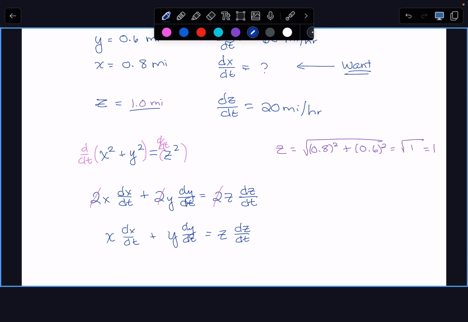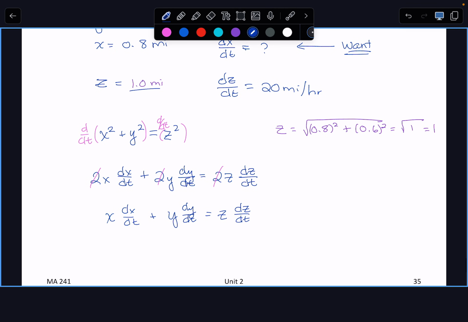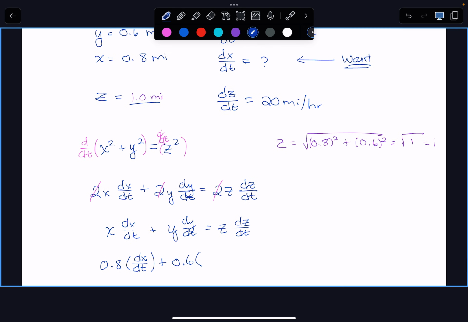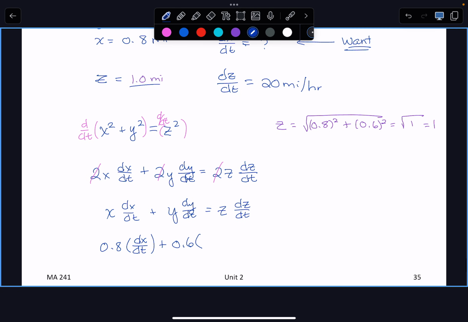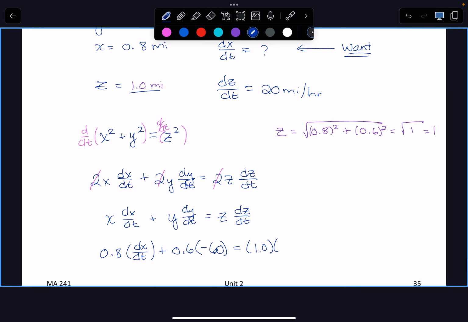I know that x was equal to 0.8. dx/dt is what I'm looking for, so I'm just going to leave it as dx/dt, plus my y was 0.6. dy/dt, if you look, was negative 60, is equal to, my z was 1, that's the one we just found, and my dz/dt was 20.